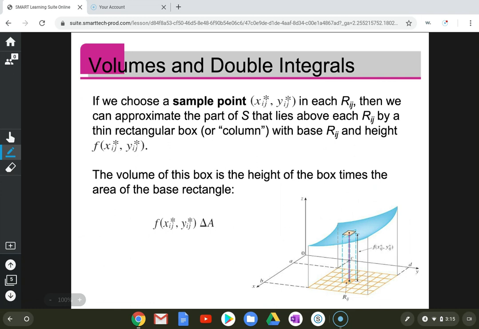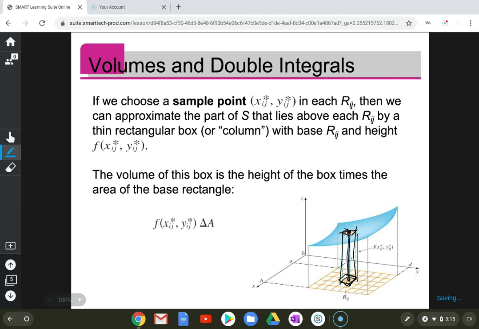So anyway, we pick a rectangle, like some rectangle right here, we pick some point within that rectangle, we find the height of the surface at that point, and then we find the volume of this prism using the area of this rectangle times the height at some chosen point inside of the rectangle.